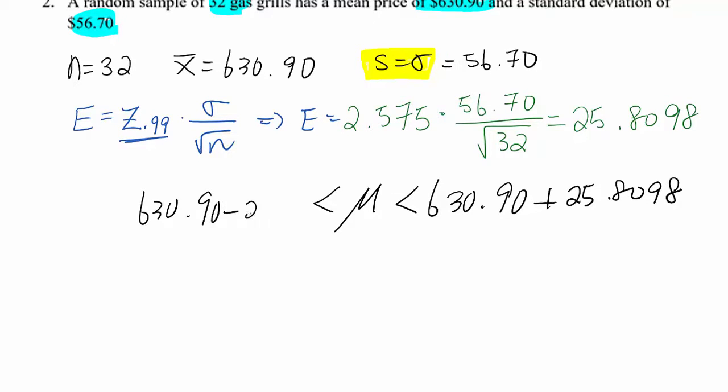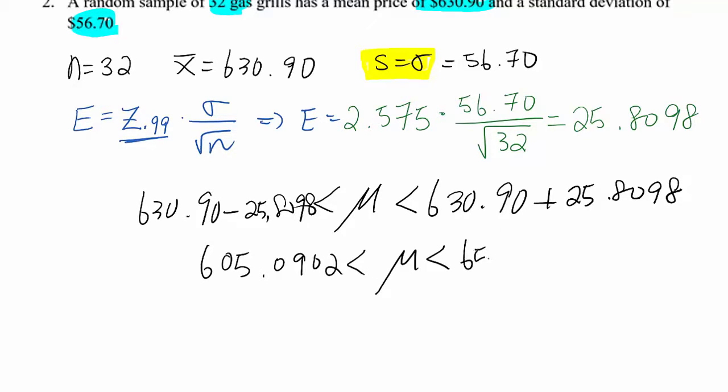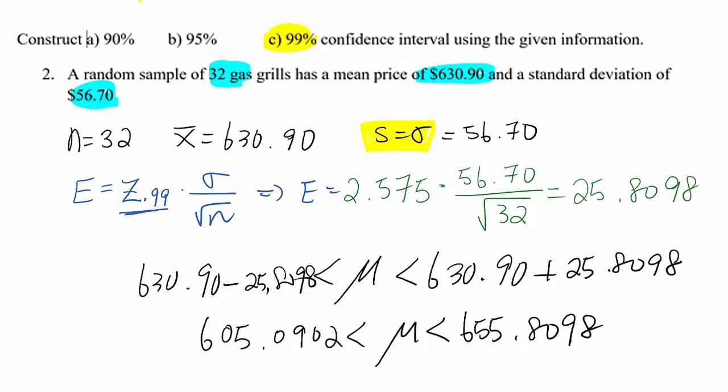If you calculate that, you will get 605.0902 and then 655.8098. Okay, so that's the 99% confidence interval for this data set.